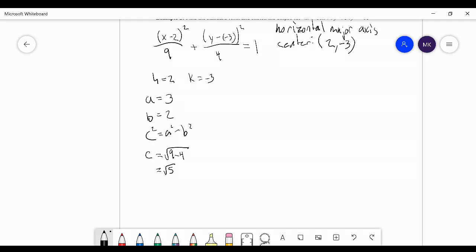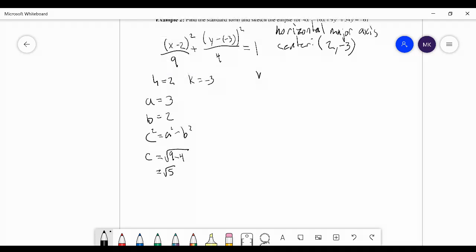And so if you go back and look at that, you will see that our vertices are going to be at the point 2 plus or minus 3, comma, negative 3, and so those are 5, negative 3, and negative 1, negative 3.